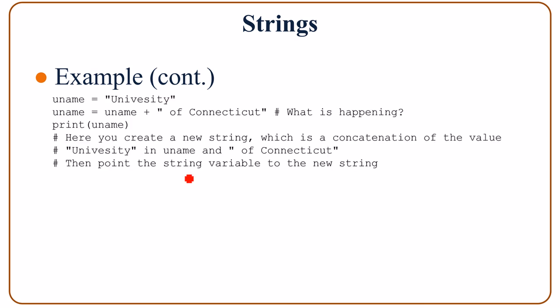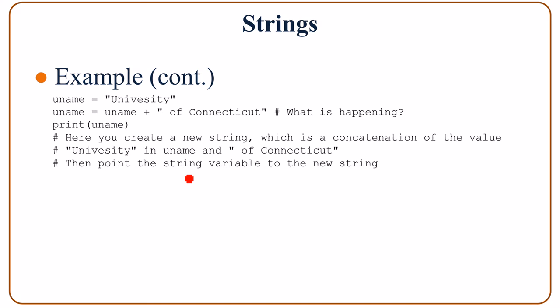Now let's look at another example. Let's say we create a string with content university and assign the variable uname to it. And then we concatenate the content of uname and another string of Connecticut. So what is happening here? And then we actually assign uname, the same variable, to the result.